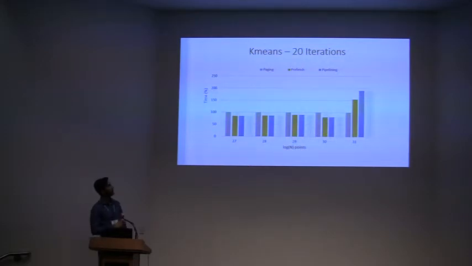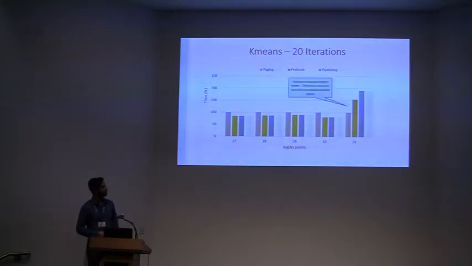But this is an interesting result. So we have k-means with 20 iterations, so increasing the number of iterations. For all these columns, you still see prefetching and pipelining giving performance improvements. For the last column, your data doesn't fit in device memory. Interestingly, demand paging is actually performing the best. The particular reason for this is that with demand paging, when you have multiple iterations, the hardware learns to use a more optimal strategy.